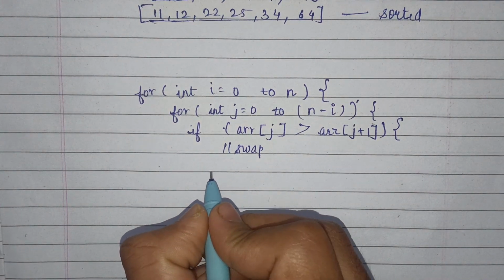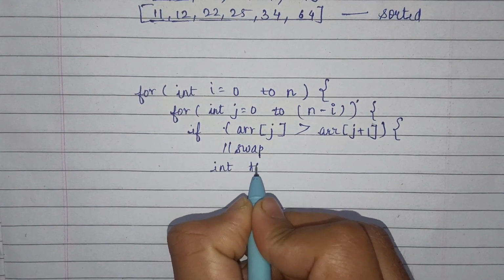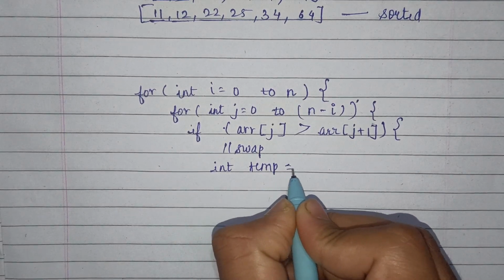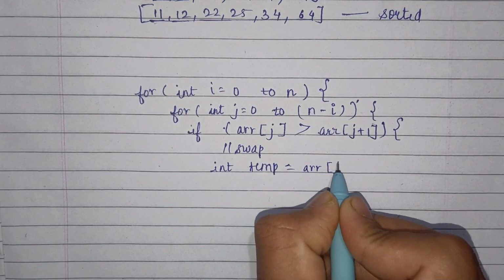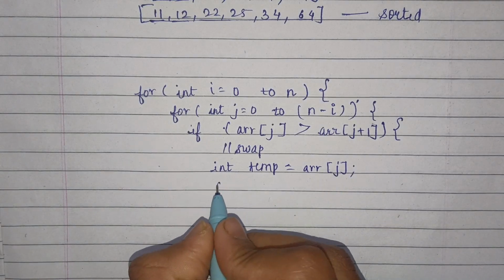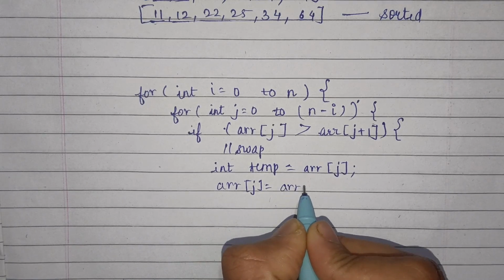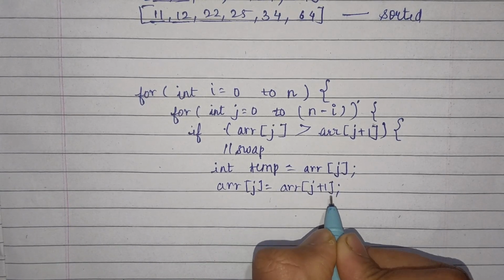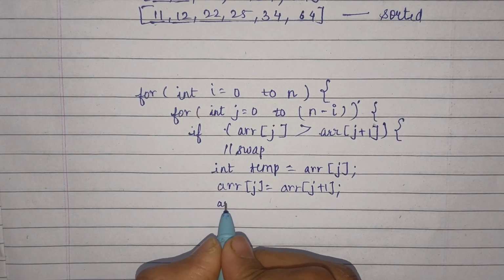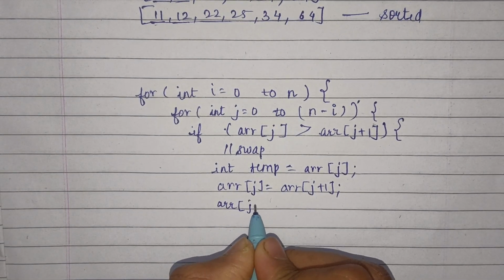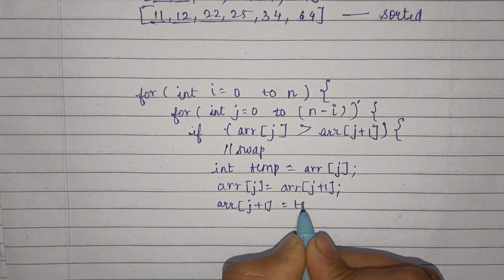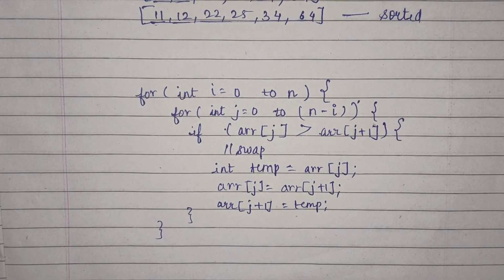We'll take a third variable temp, and temp will be array of j, and array of j will be array of j plus 1. You all know the swapping technique, and array of j plus 1 will be our temp. So this way the elements will be swapped. So this is the pseudocode for the bubble sort.